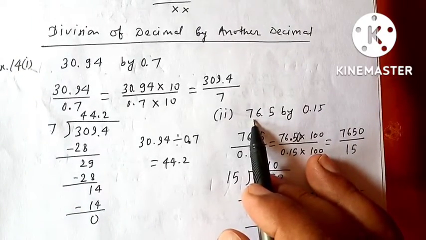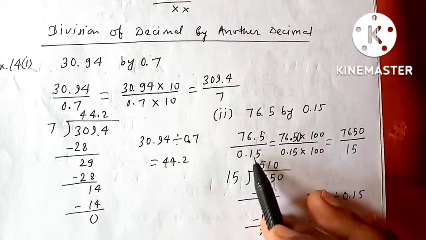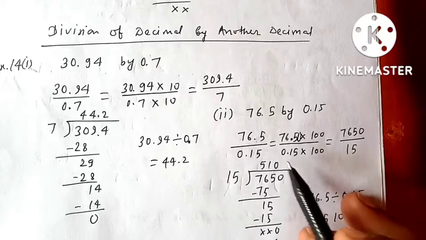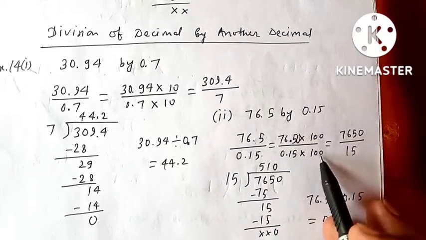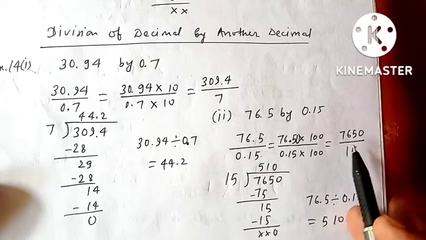Now the second one, we have to divide 76.5 by 0.15, as the denominator has two decimal places. So we multiply both numerator and denominator by 100 to get the denominator as a whole number.